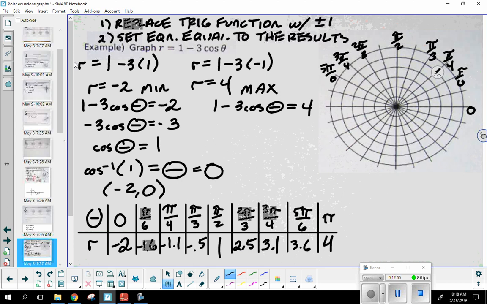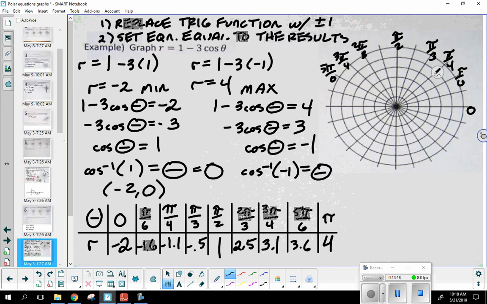So I'm going to start by subtracting 1 again. Negative 3 cosine theta equals what? 3. Divide by negative 3, cosine theta equals negative 1. And just like before, we have to take the inverse. So cosine inverse of negative 1 is going to give me theta.